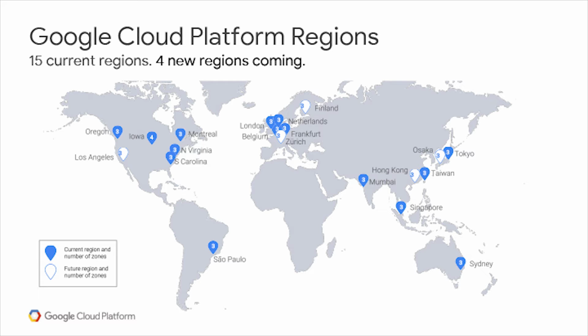A zone corresponds to a physical data center, a physical Google facility, and regions are geographical areas where these facilities are concentrated. We have new ones announced, and this map is evolving pretty quickly. So I would say we are definitely comparable to other public cloud offers existing today.